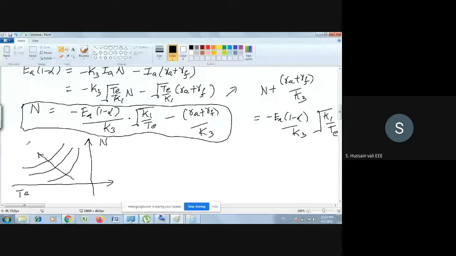So this is for increasing alpha. You can see the alpha value ranges from 0 to 1, so you take any value. For different values of torque, you will get different values of speed.